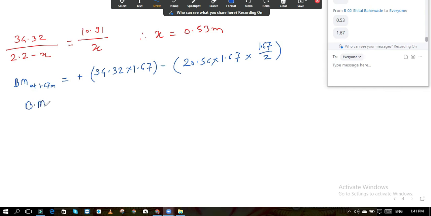So what is the maximum bending moment? 28.64.